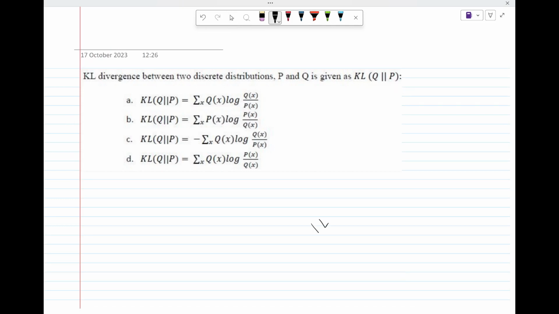KL QP is not equal to KL PQ. And we are using this as a sort of measure of the relative similarities in some sense of two distributions P and Q.